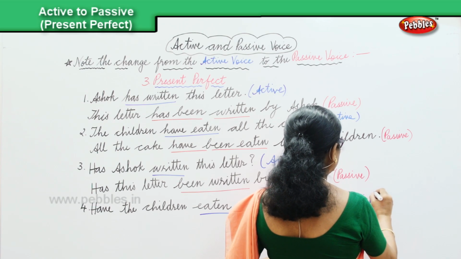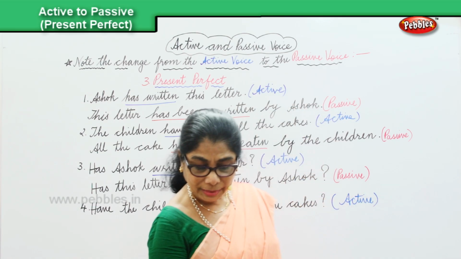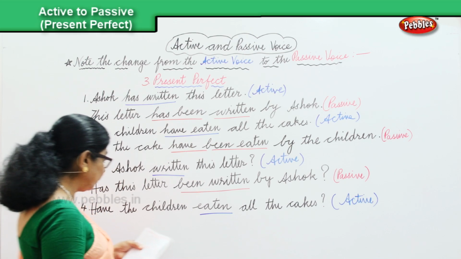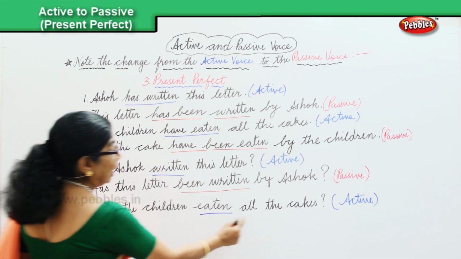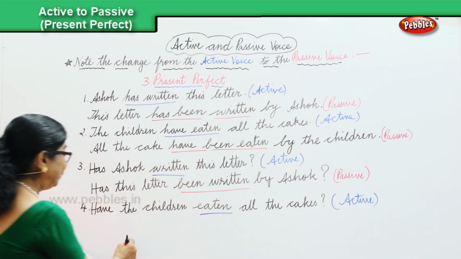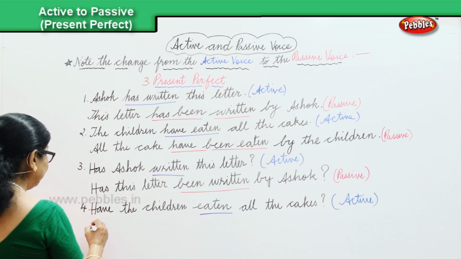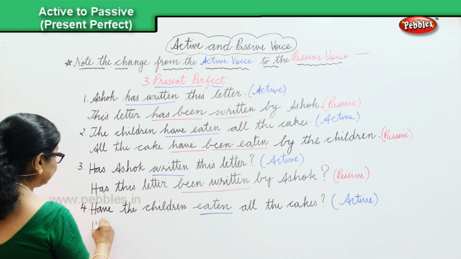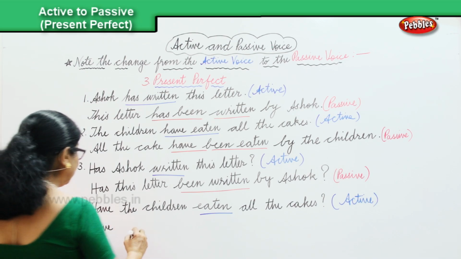And when we change over the active into the passive, let's look at it. Have all the cakes been eaten by the children?